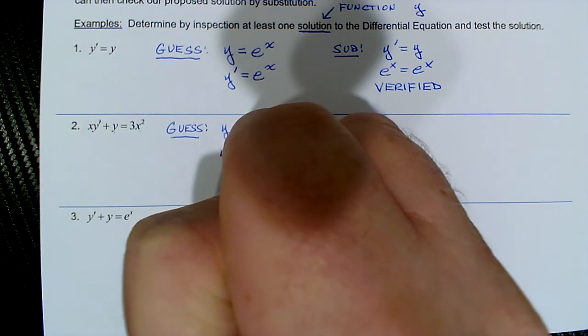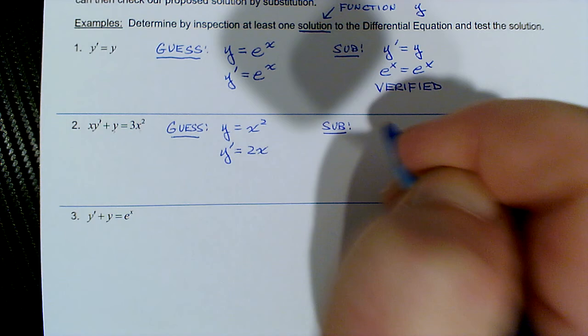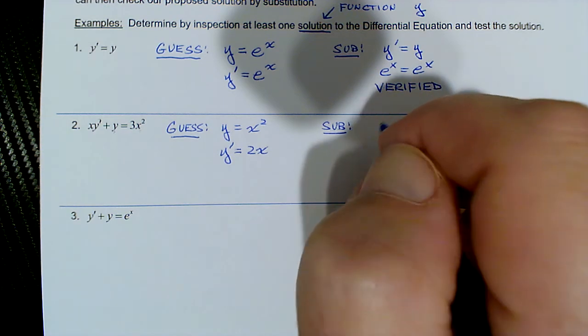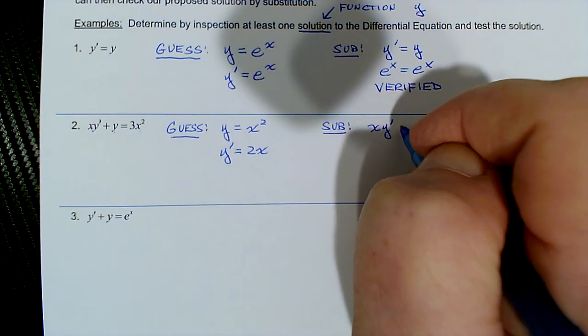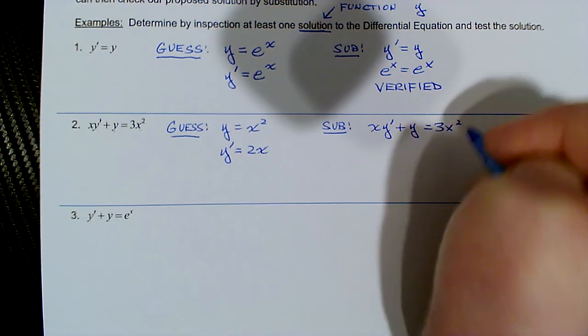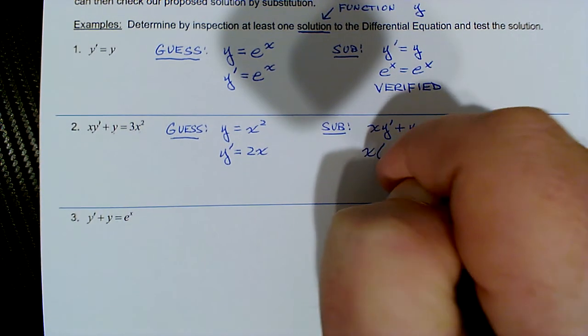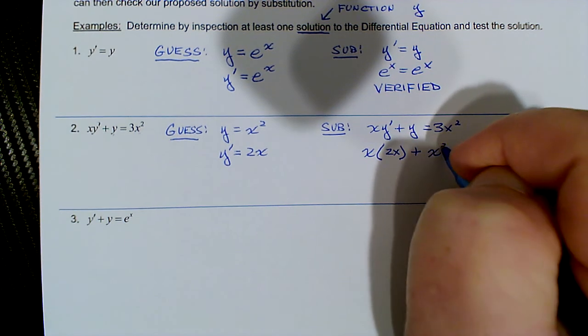okay, I'll recopy the equation, xy prime plus y equals 3x squared. We have x times 2x plus x squared. Is that equal to 3x squared? And we get 2x squared plus x squared.